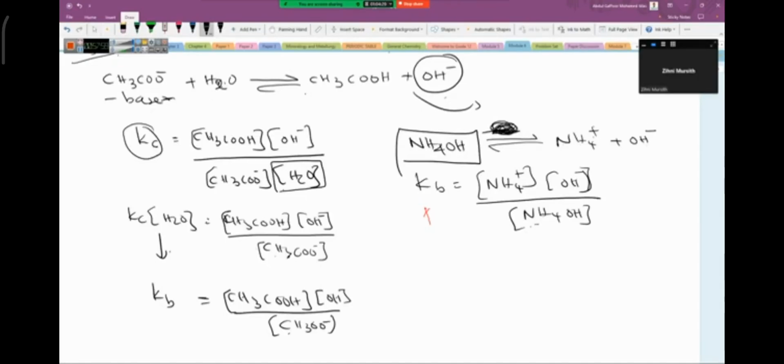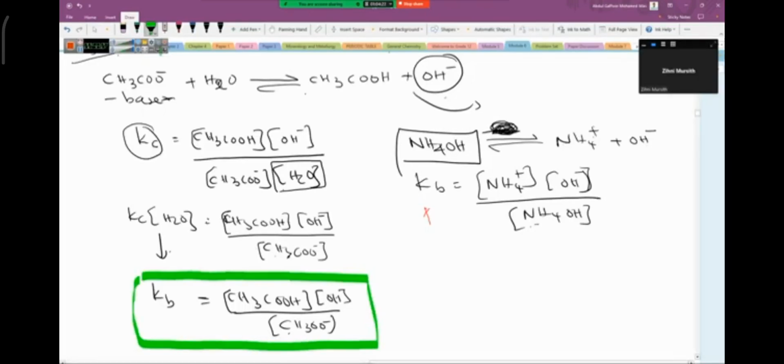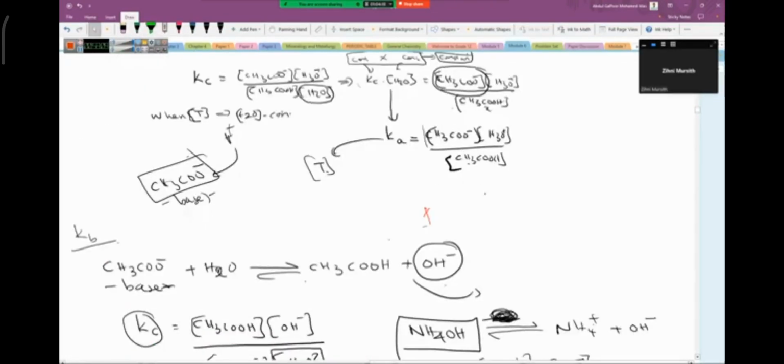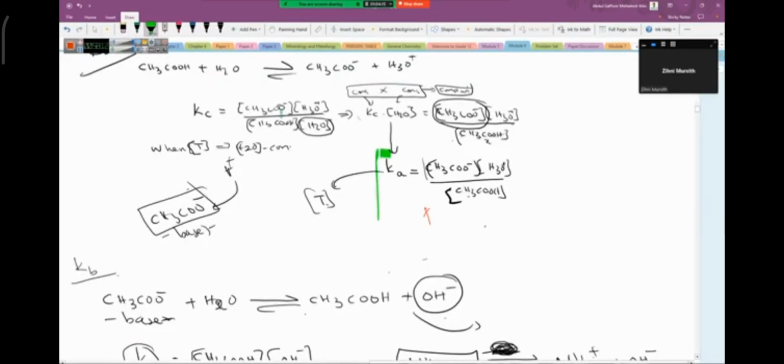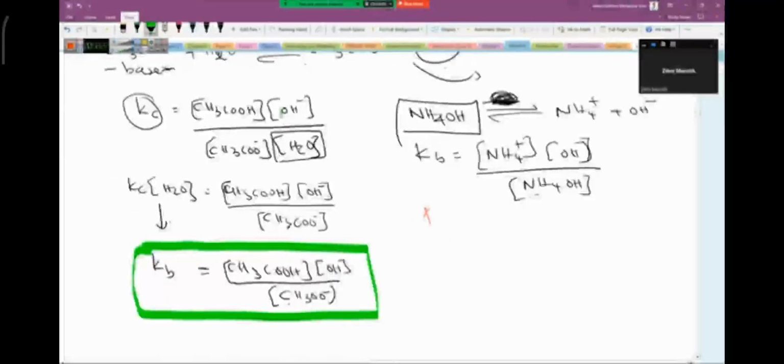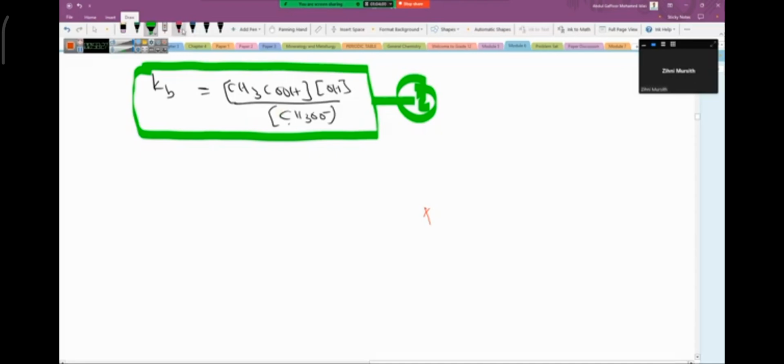Now we have derived two equations. The first one is this, and the other one is here. What I am going to do is multiply these two equations. If I multiply 1 by 2, what will I get?